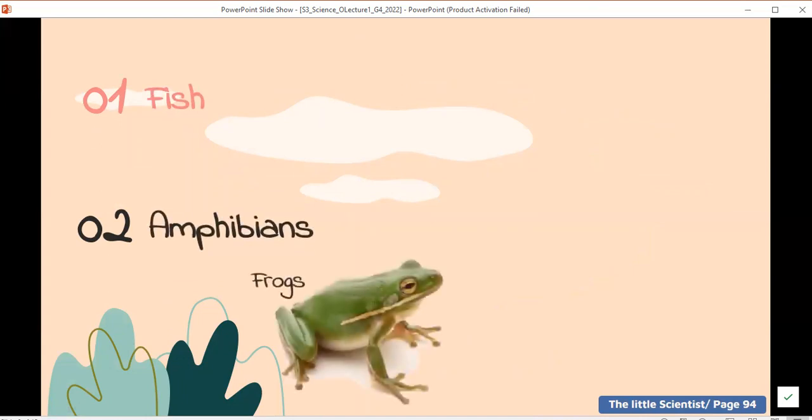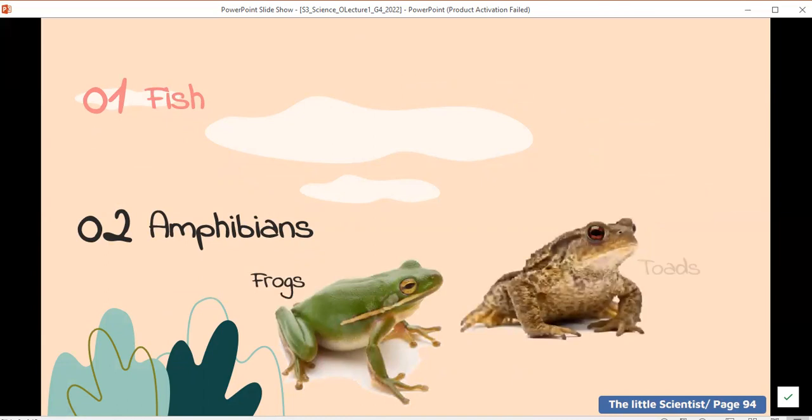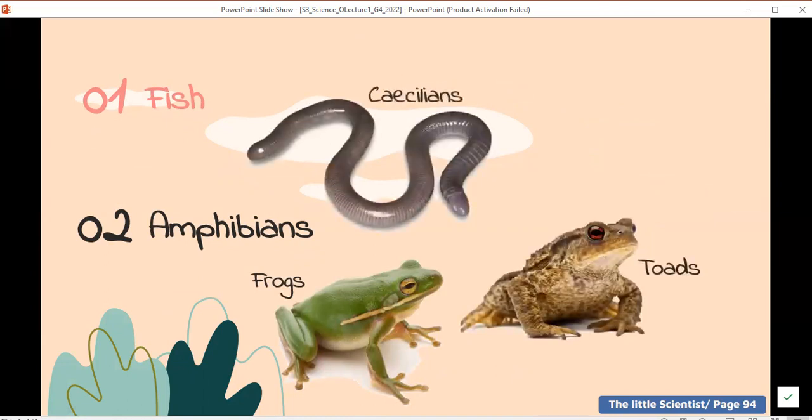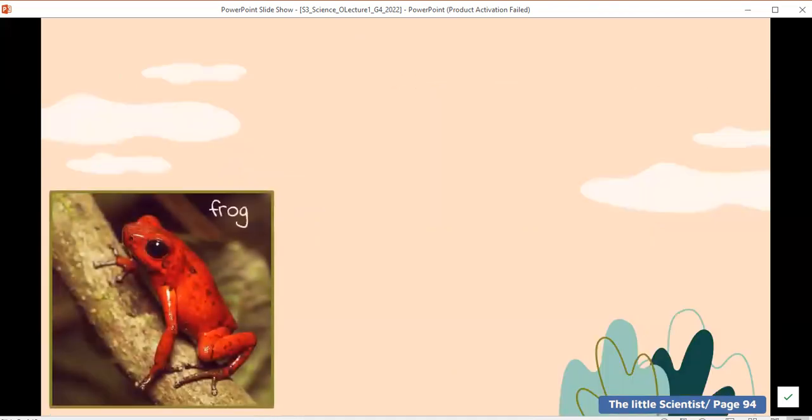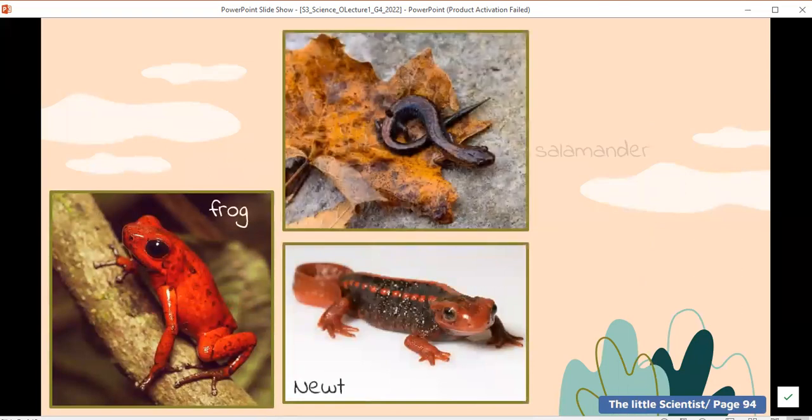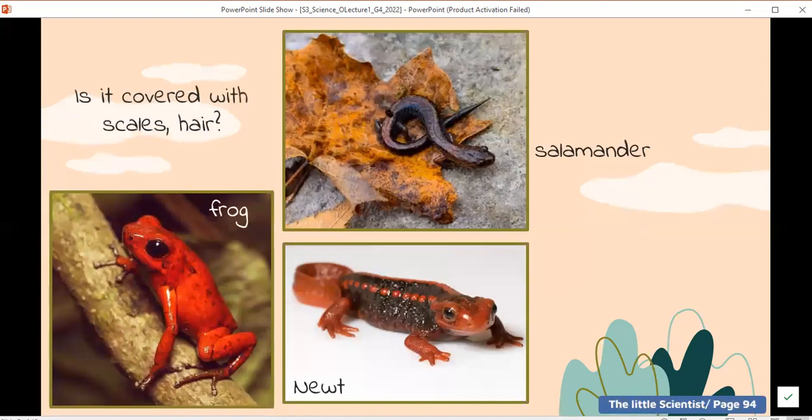Amphibians is the second one, and we're going to talk about the animals that belong to the amphibians group, such as frogs, toads, caecilians, and salamanders. Look at the skin of those animals. How is it? Is it covered with scales, fur, hair, feathers? No, those animals are naked.